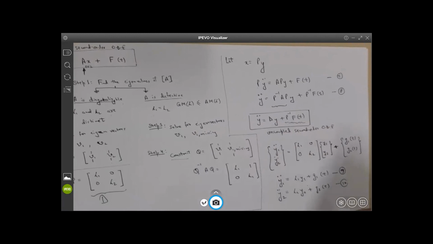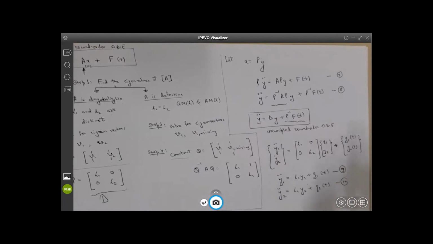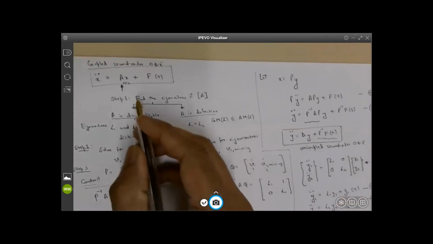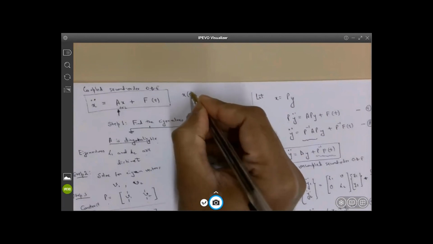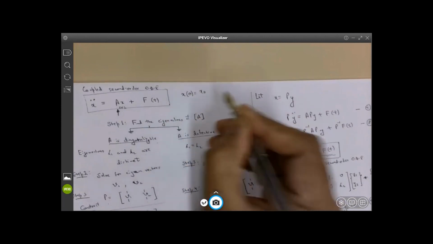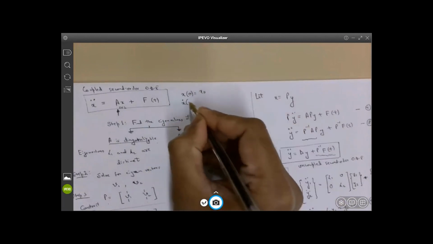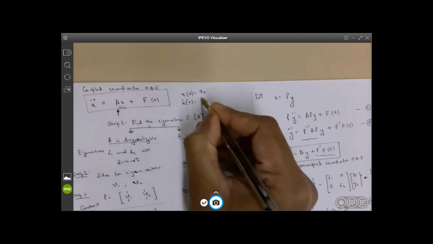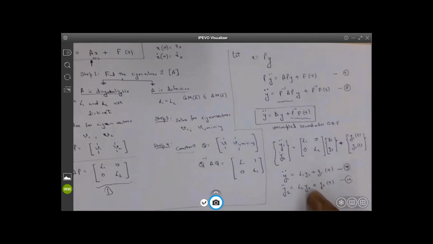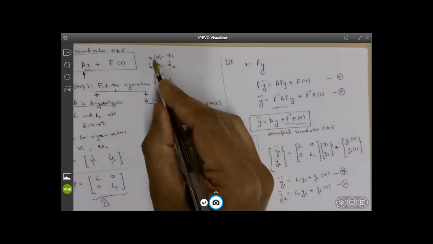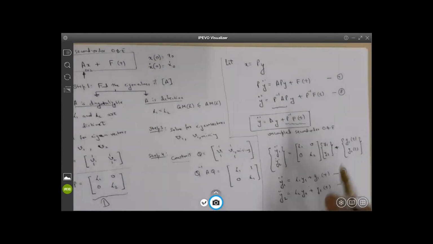Any other question, guys? With this, there are also initial conditions. X(0) is, let's say, X naught, and X dot 0 is X dot naught. The initial conditions will also change when we solve this.